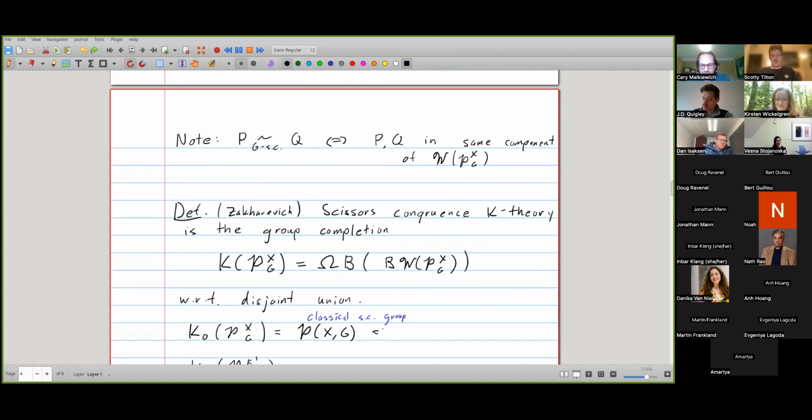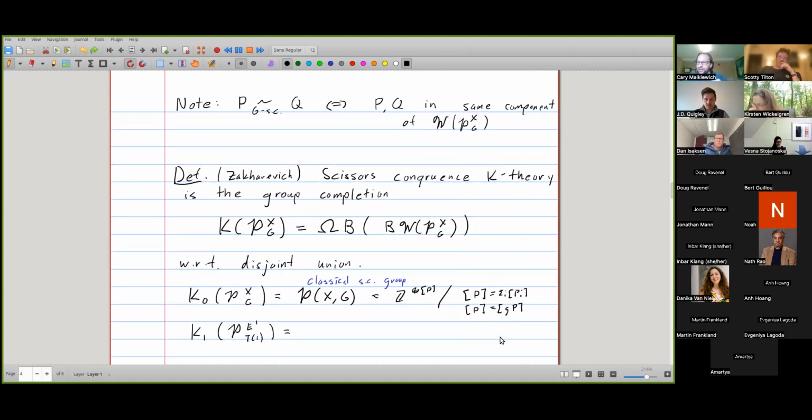Right, so again, this was the free abelian group on the polytopes, modulo those two relations. If I have cut one up into pieces, the class is the sum of those classes. And if I apply a group element, I get the same class.